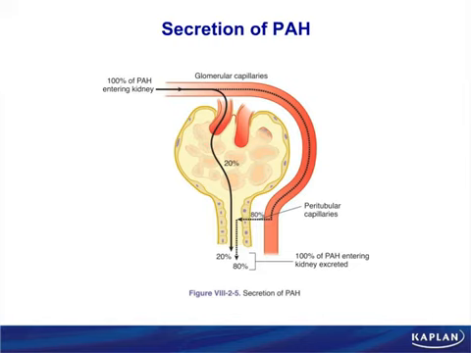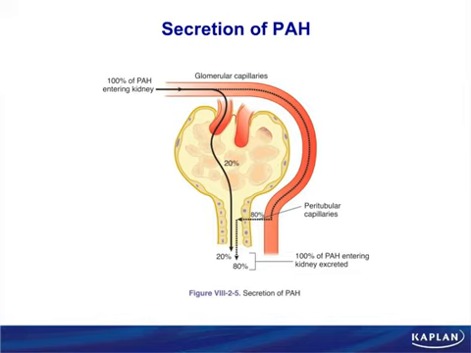So 20% is filtered, 80% is secreted, 100% is excreted, 100% is cleared. If you look over here at the renal vein, you will see in the renal vein the plasma concentration of PAH will be 0.